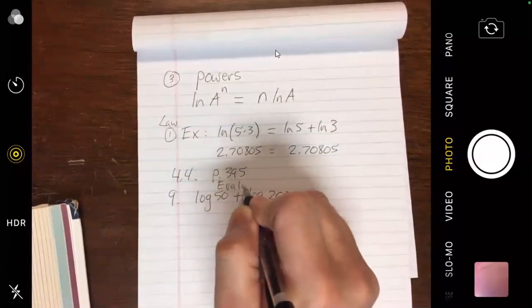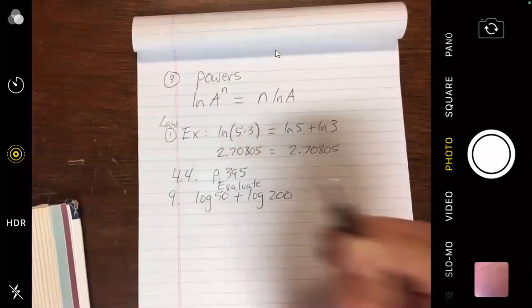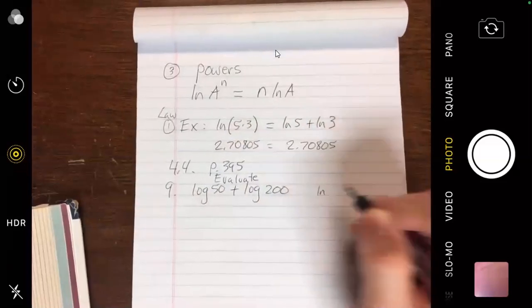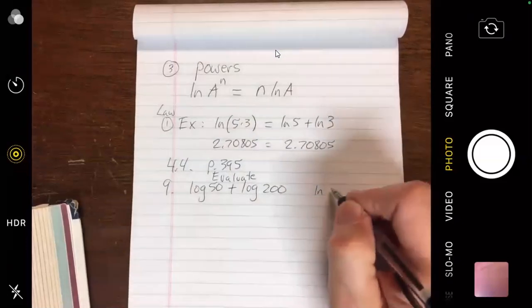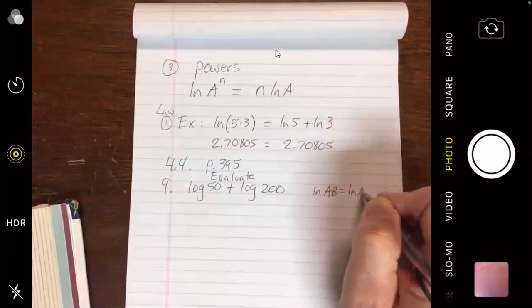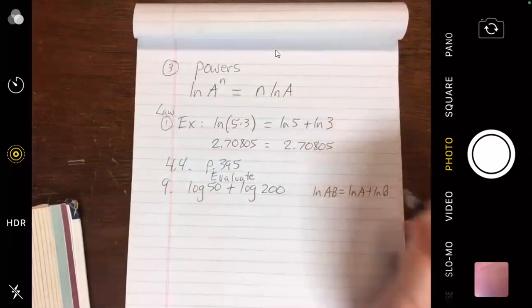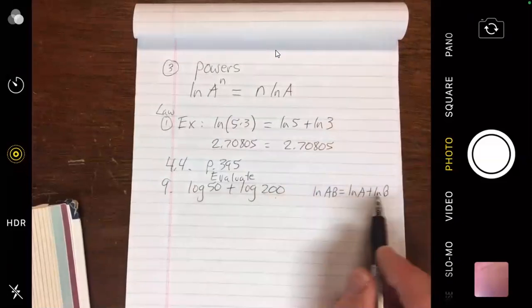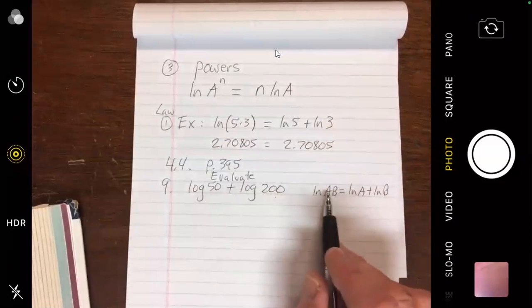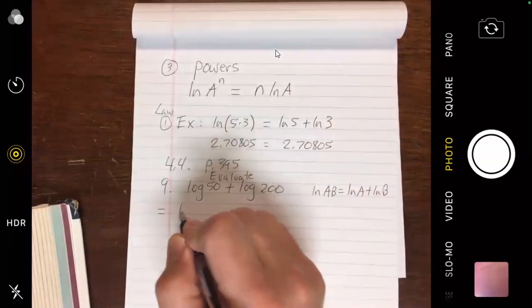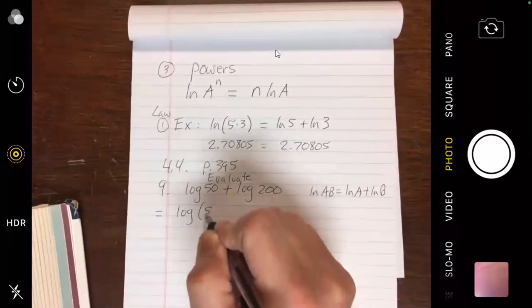Well, the way we wrote it down was we said an ln, you can use ln, log, whatever form you want, of an AB was equal to ln of A add an ln of B. So this is your A, this is your B. You see when they're added, they're put together in one log with the 50 and 200 multiplied. So this would be equal to log of 50 times 200.